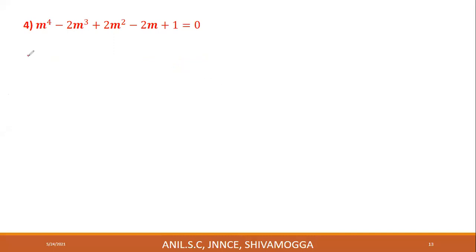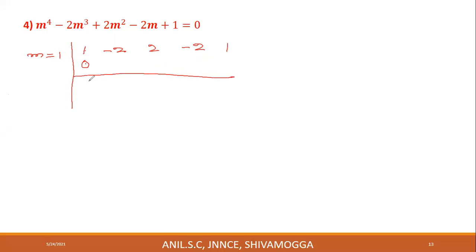Now, by synthetic division method, we shall reduce this biquadratic equation into a cubic equation. Coefficient of m power 4 is 1 and that of m cube is minus 2. M square is 2. M is minus 2 and constant 1. And here in the first position, always 0.